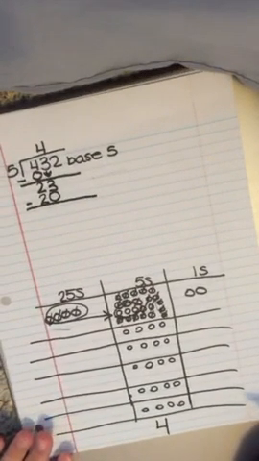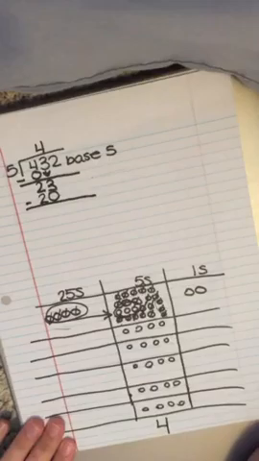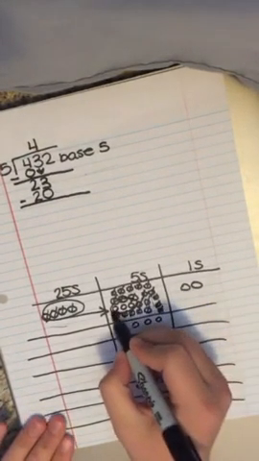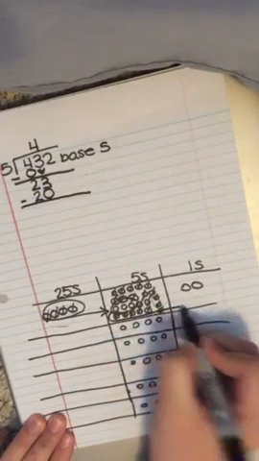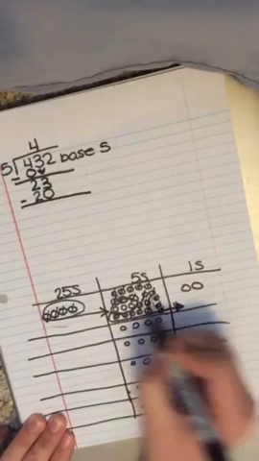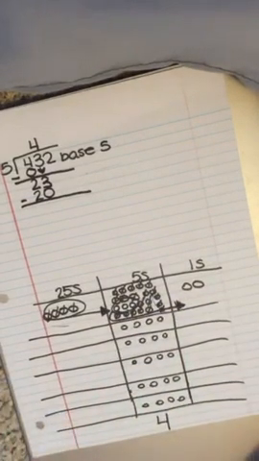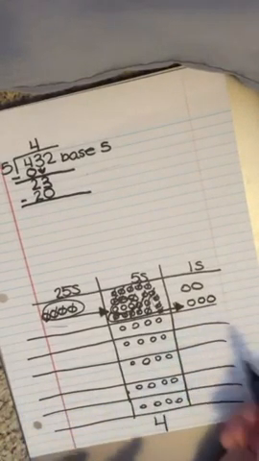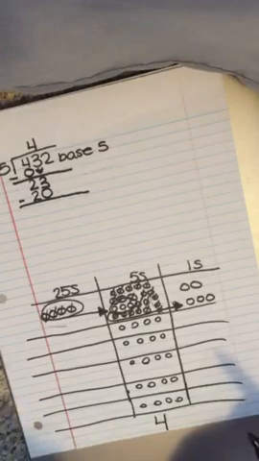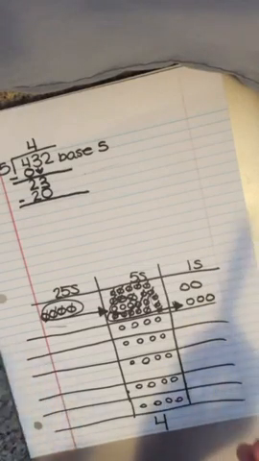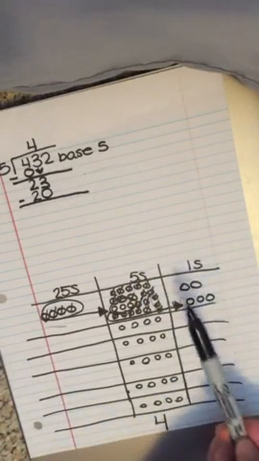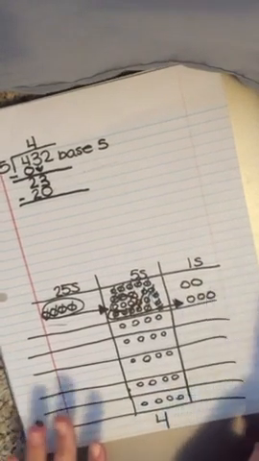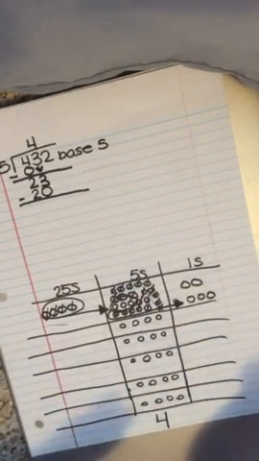What we're going to do next is realize that we still have 3 little chips left over that we need to distribute. So we take those chips and move them into the ones place. Those 3 chips are 5s chips, so if we're making them ones, we have 3 5s, so 5 times 3, 15.